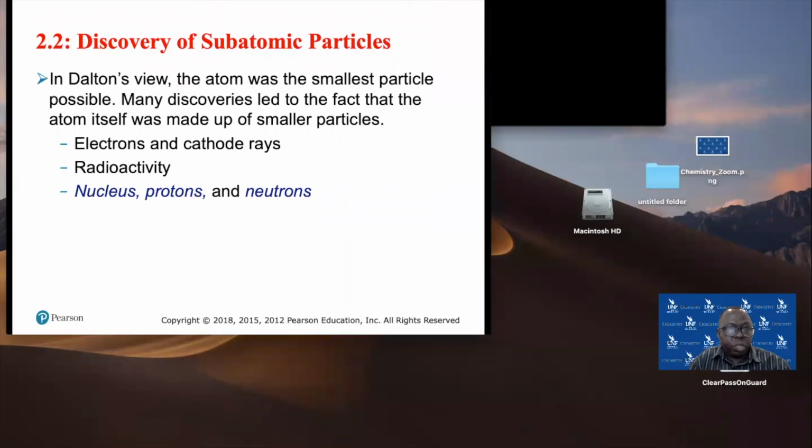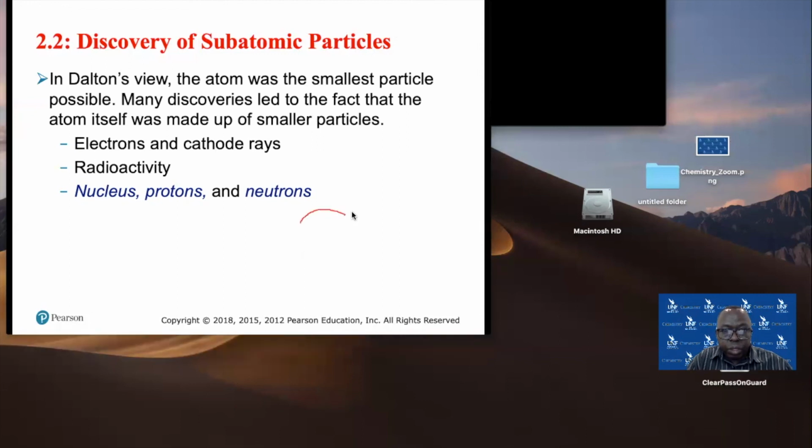Neutrons, protons, please take note of their charges as well. This makes up the atoms: neutrons, protons, and electrons.